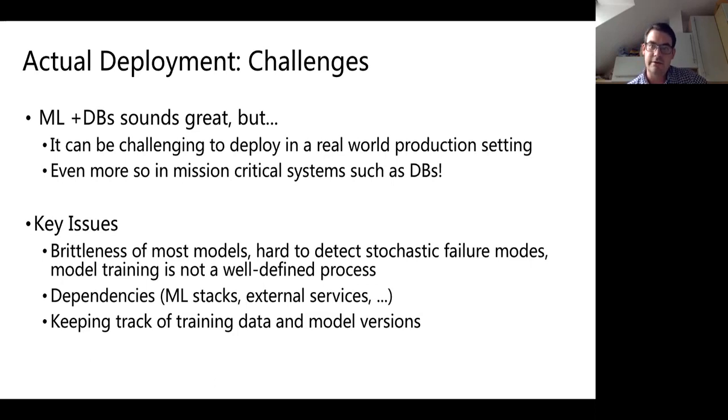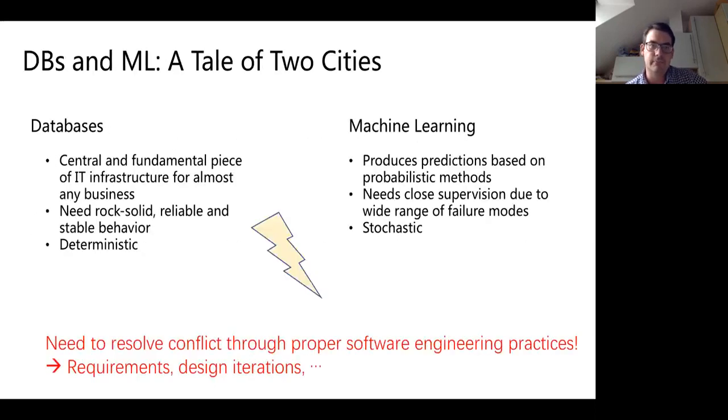So to understand this a bit better, let's talk about the general differences in these two worlds that we have. We have databases on the left-hand side, and machine learning on the right-hand side. As I've mentioned, databases, especially relational databases, have been around basically forever, decades, and they're now the central fundamental piece of IT infrastructure for pretty much any business.